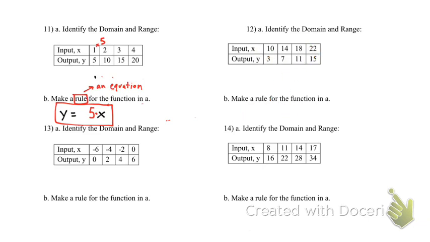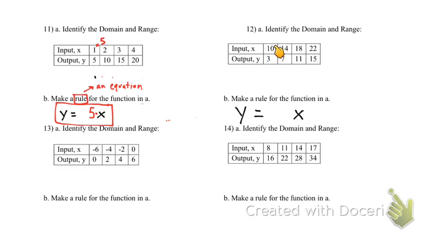So like I just mentioned, how do we start our rules? Y equals, and then we got to put an x here because we're going to do something to the x. I don't know what it is yet, but we're going to do something. So here's the question. Looking at your x value, the first one, what can I add, subtract, multiply, or divide to 10 that will give me 3?